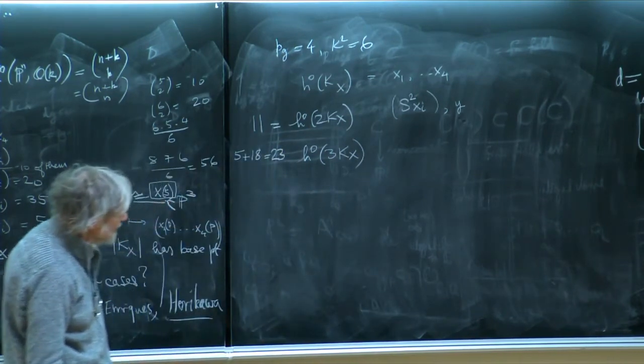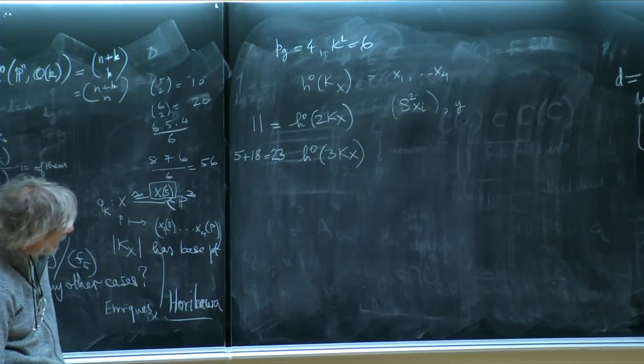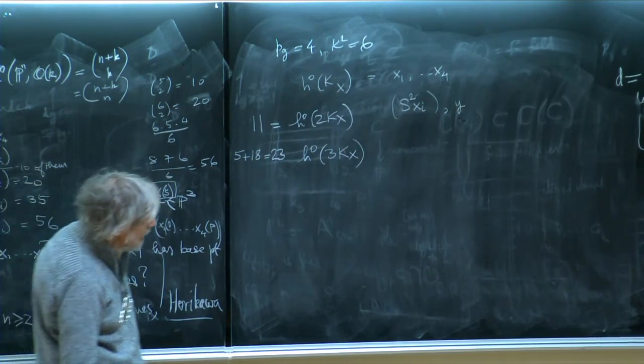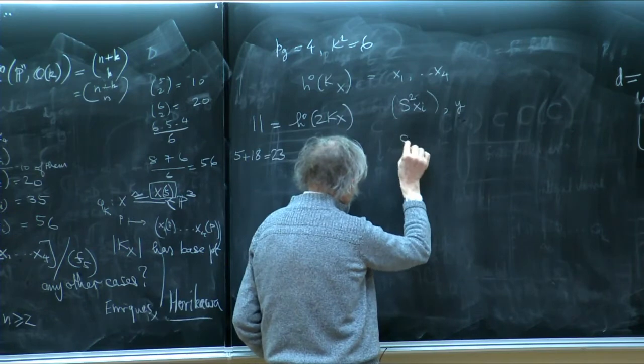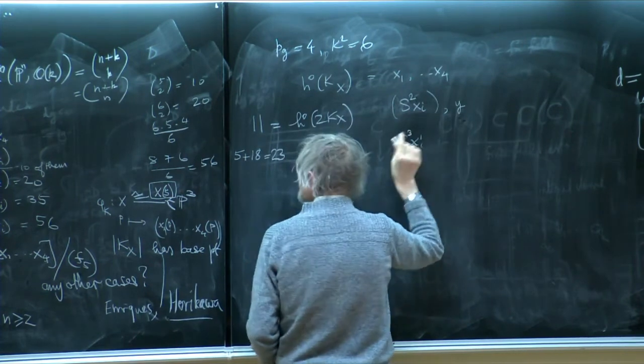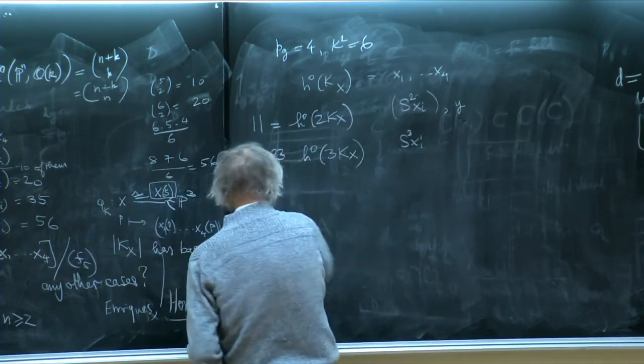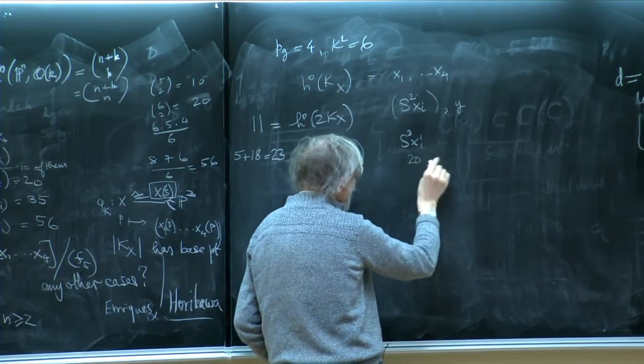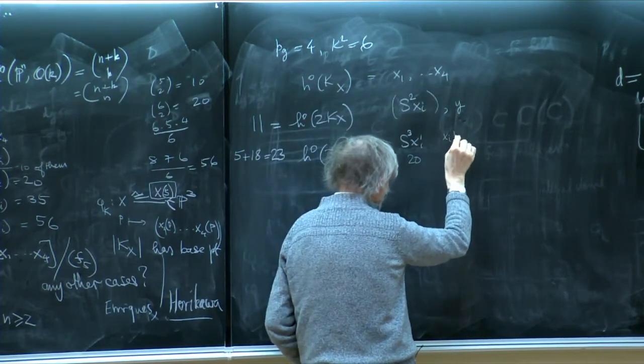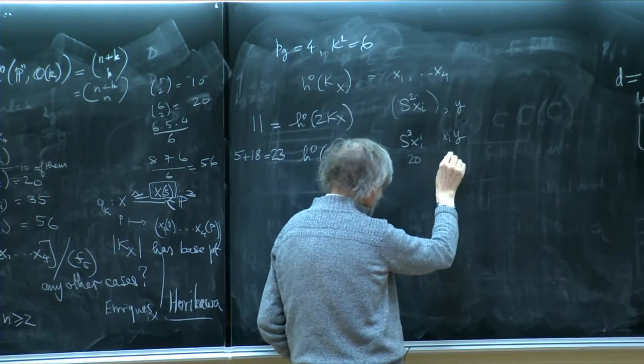Yes, and what monomials do I already know here? Well, I've got S^3 of the x_i, so that's the same number as there, and I've got x_i times y, and that's 4.